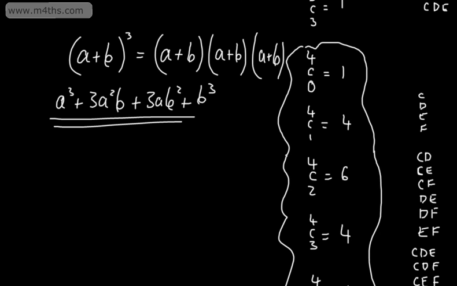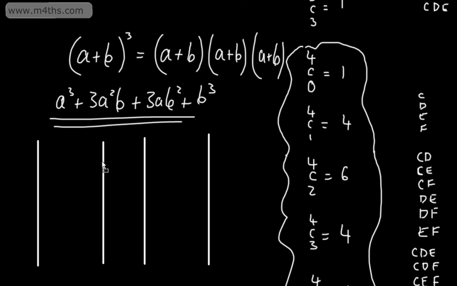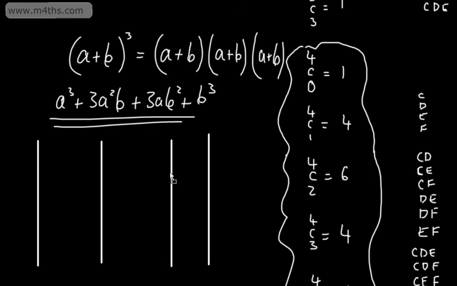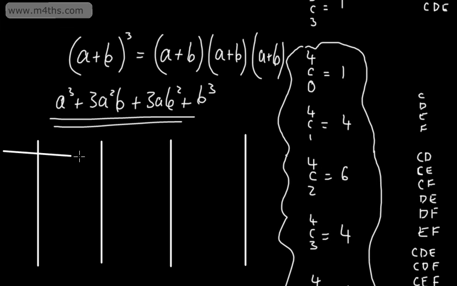What I'm going to do is just consider a table now and work out how we're going to get each of these. So let's go ahead and do that. And then we'll put that like so. Okay, there we go. That's what it's going to look like. So what I'm going to consider now here on each of these is the following.